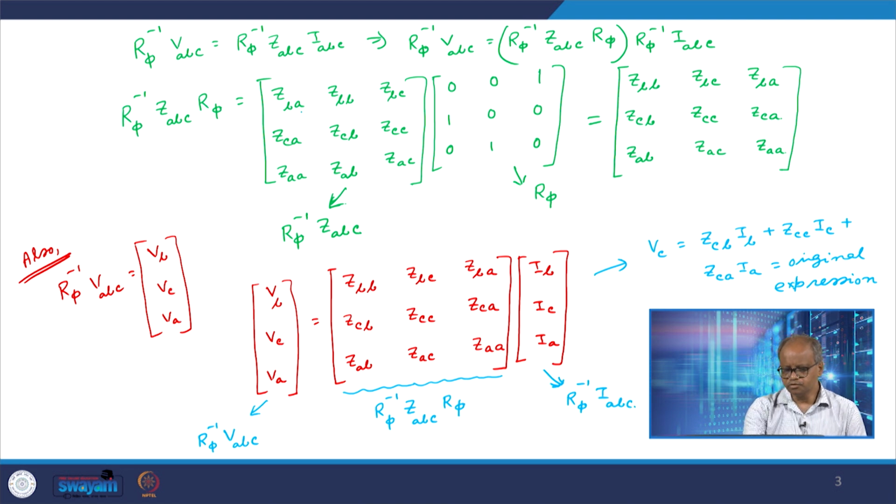So basically this is the original matrix and this is the final matrix. What happens here is that the first column goes to the third position, the second column comes to the first position, and the third column comes to the second position.